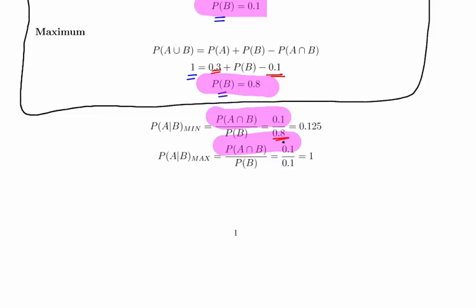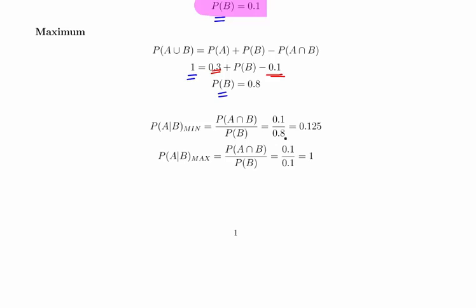This maximum value of 0.8 for the probability of B actually corresponds to the minimum conditional probability of A, so the roles of the minimum and maximum switch around a bit.